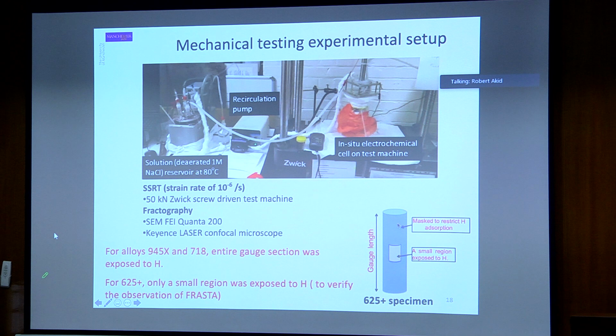We have two different types of sample. One where we have the entire gauge section that's exposed to hydrogen, or one where we use our fracture reconstruction approach, where we want to define where the cracking will occur. So we mask the sample, so only this region is exposed to hydrogen.